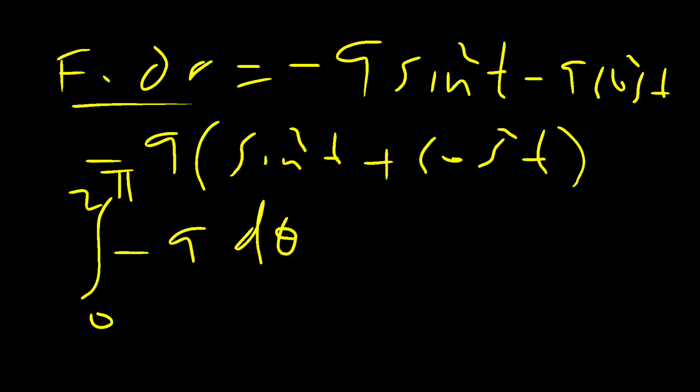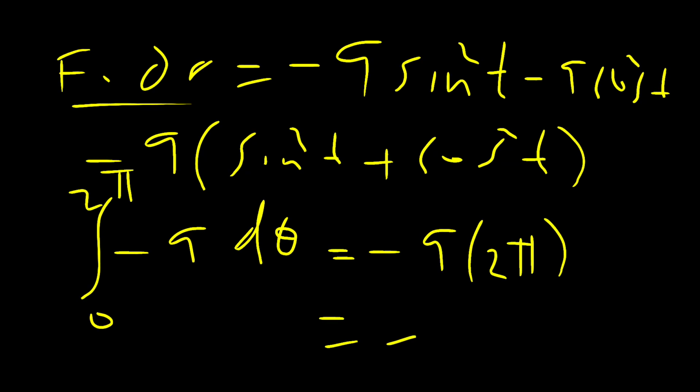So this will be minus 9 times 2 pi minus 0, so you are going to get minus 18 pi. That is the left hand side of Stokes theorem: minus 18 pi.